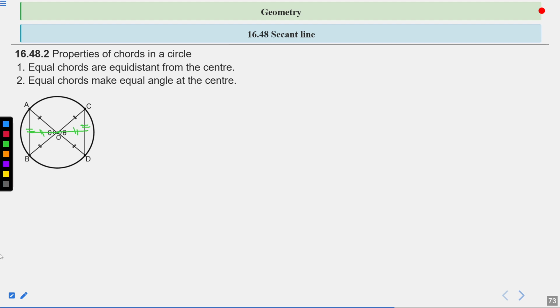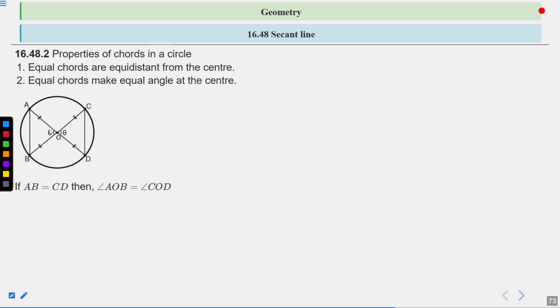And equal chords make an equal angle. So if chord AB makes angle theta, then CD also makes the angle theta, because they are opposite angles. So these two angles are also equal.